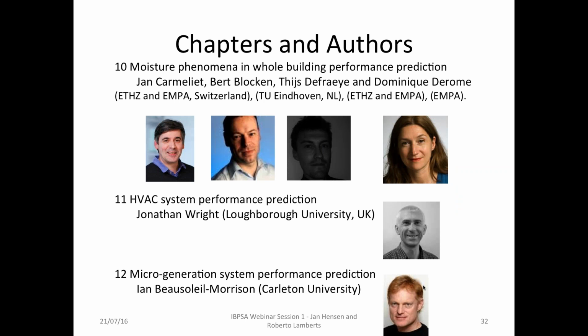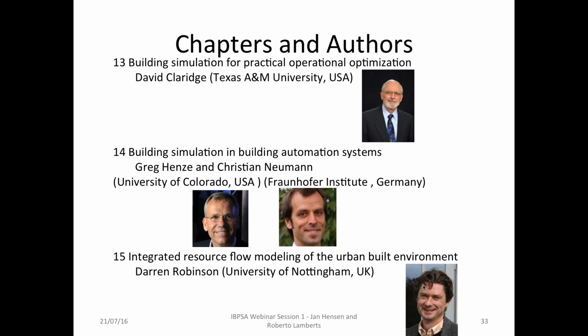Chapter 10 on moisture phenomena in whole building performance prediction by Jan Carmeliet, Bert Blocken, Ruut de Vries, and Dominique Derome. Chapter 11 on HVAC system performance prediction by Jonathan Wright. Chapter 12, microgeneration system performance prediction by Ian Beausoleil-Morrison. Chapter 13 by David Claridge on building simulation for practical operation optimization.